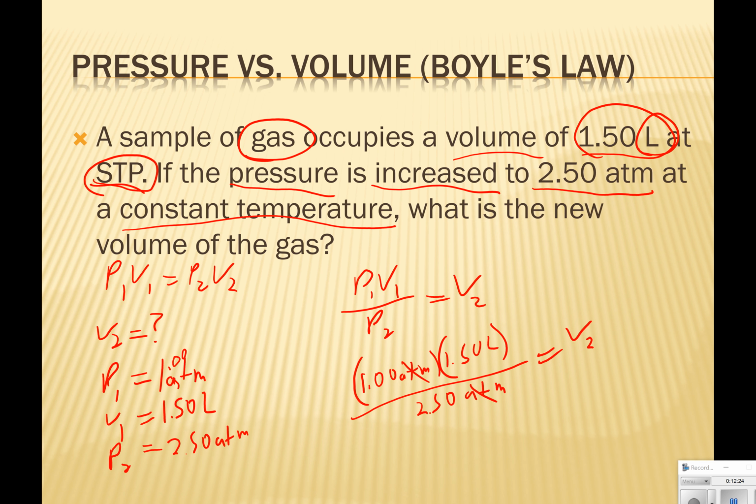We divide, multiply, and we get a V2 that's equal to 0.600 liters. That's a V2 there, making a little smudge. And it's 3 significant figures because each of our starting numbers here had 3 as well.